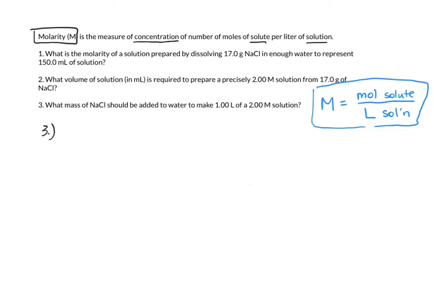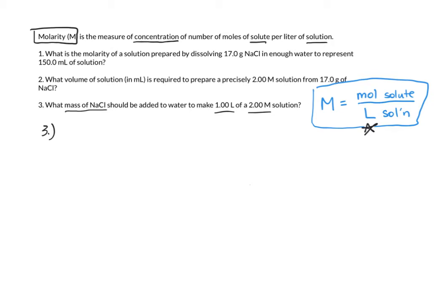For question number 3, we know a molarity and a target volume, and we'd like to figure out a mass of sodium chloride. There's no one equation that relates volume, molarity, and mass together, but we do still have our handy-dandy molarity equation over on the right, which relates at least molarity and volume together, to give us number of moles of a substance. We should at this point be able to recognize that if we can determine moles of a substance, then we can convert that mole quantity into mass later on.